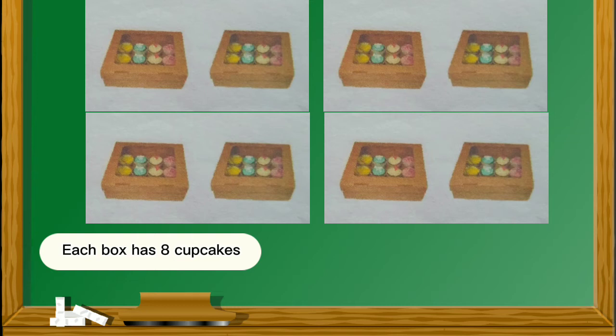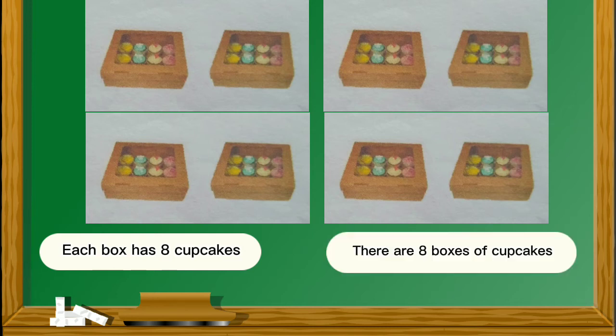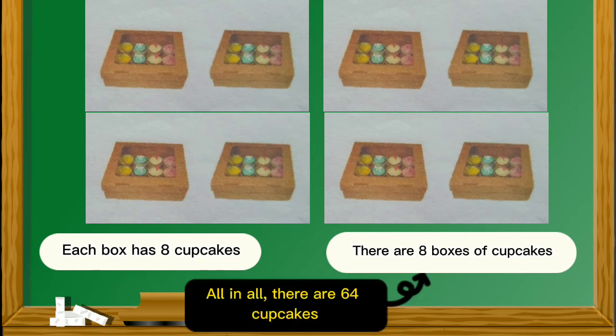Now, how many boxes are there? 1, 2, 3, 4, 5, 6, 7, 8. There are 8 boxes of cupcakes. That's why, all in all, there are 64 cupcakes.